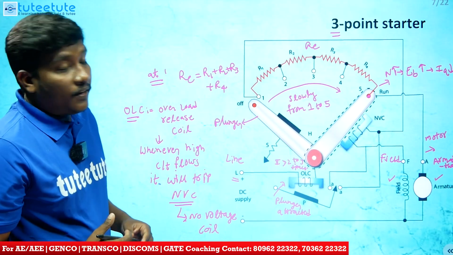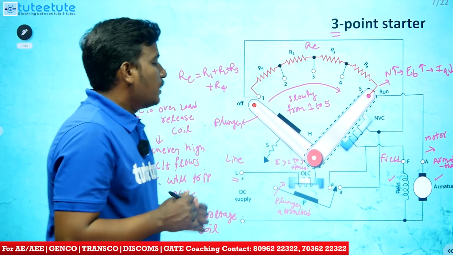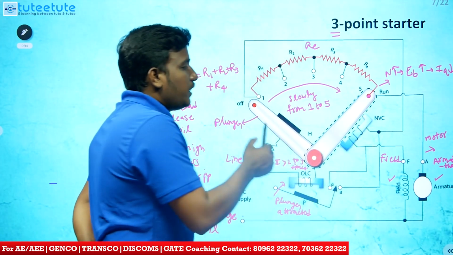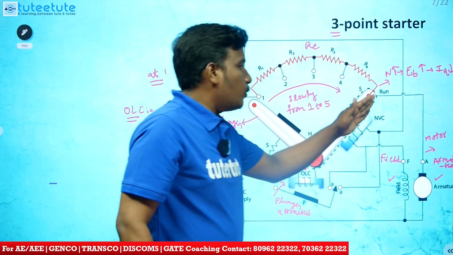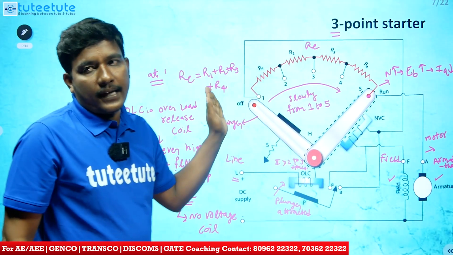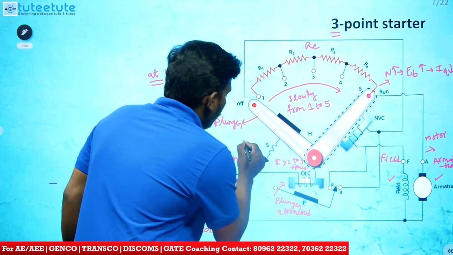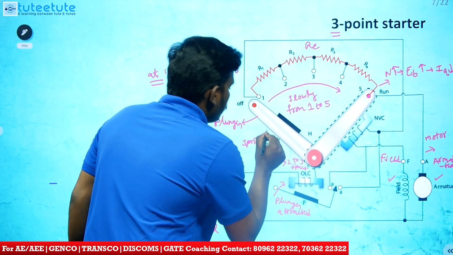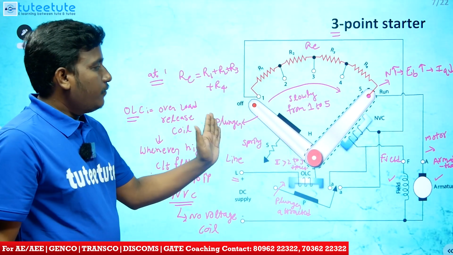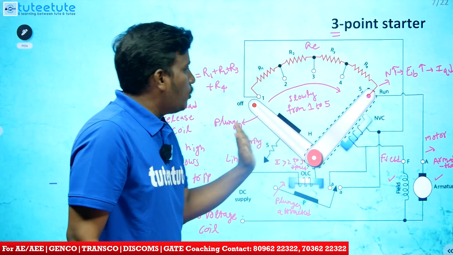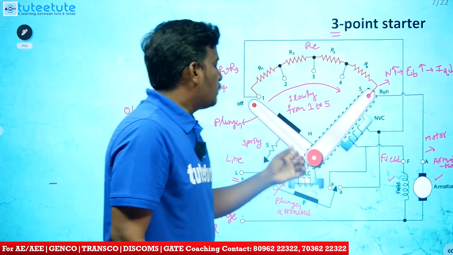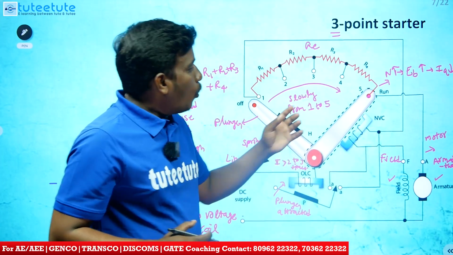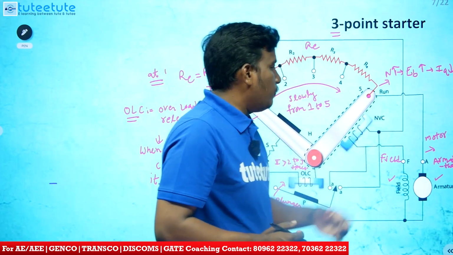What is the purpose of the NVC in our circuit? Our plunger moves slowly towards this position, and after that it needs to withstand at the run position only. It should not come back. We are using a spring mechanism here. The spring is expanded during this process, so some force acts on the plunger.